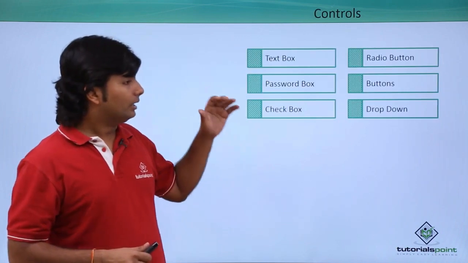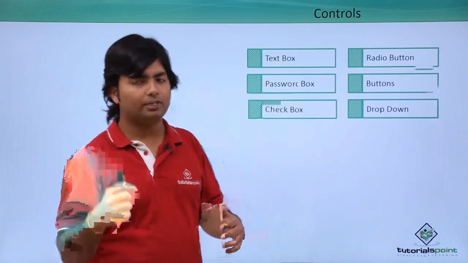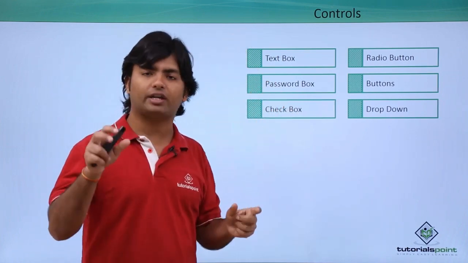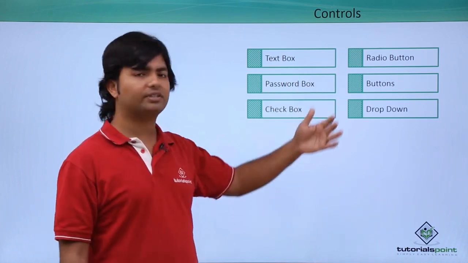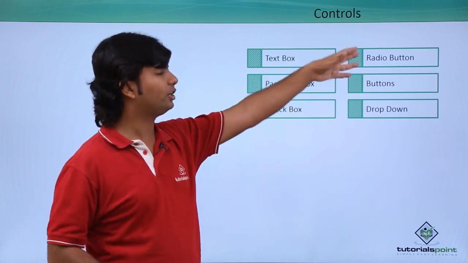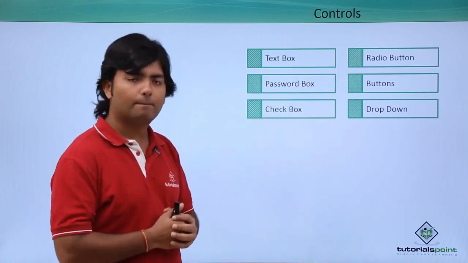Now, as I said, for different purposes we have different controls. Here we have text box and password box in order to take a string or password, like encrypted text. Checkbox and radio buttons in order to take choices. If you want to take a single choice, you will go for radio button. If you want to take multiple choices, you can go for checkbox.